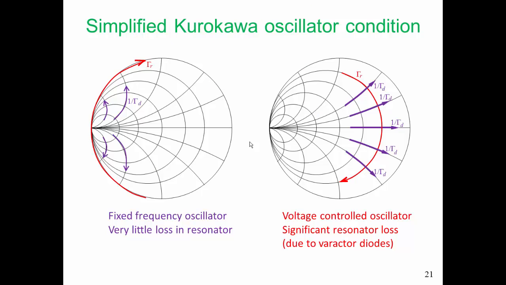For a fixed frequency oscillator with very little loss in the resonator, we could use either of these interpretations of the simplified Kurokawa oscillation condition, but for a voltage controlled oscillator, which always has significant resonator loss at microwave frequencies, we need to design assuming that our gamma R and 1 over gamma D curves are going to be as shown on the right hand plot.